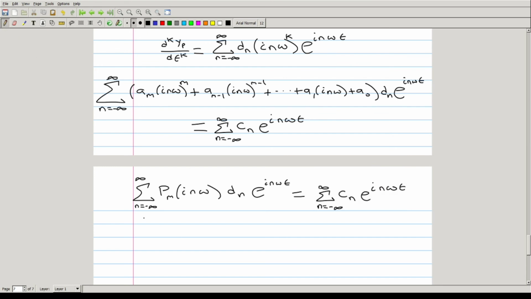Remember, now this is the Fourier series expansion of L of yp, and this is the Fourier series expansion of f of t, the forcing function.